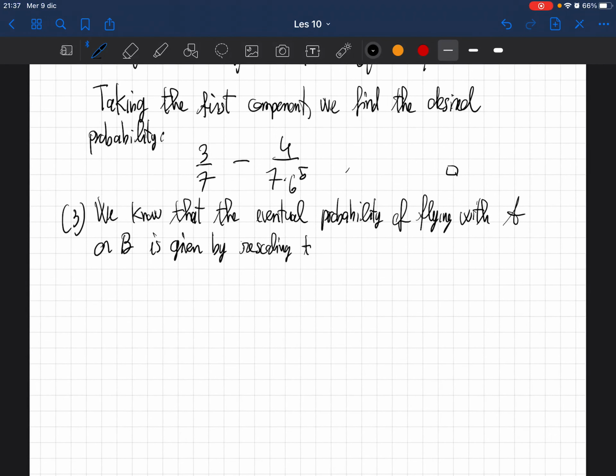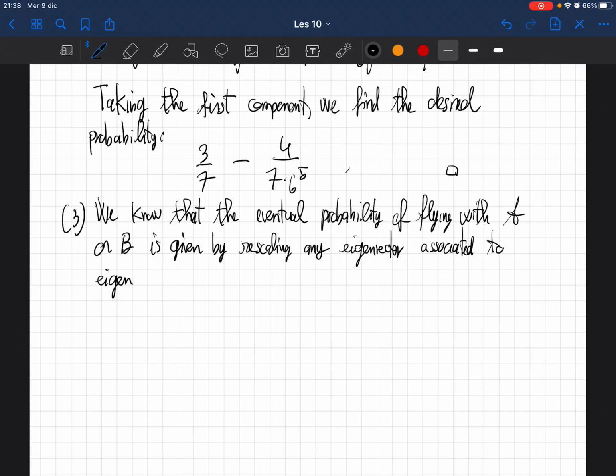Oh, sorry. By rescaling the eigenvector associated to eigenvalue 1, well, let's say any.